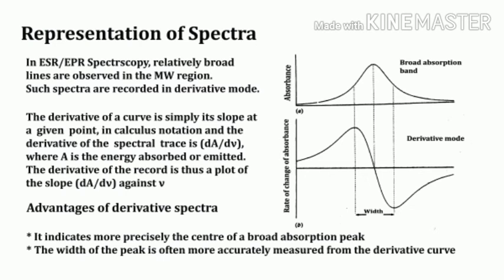Basically two advantages: first, a derivative spectra indicates more precisely the center of the broad absorption peak, and secondly, the width of the peak is often more accurately measured from the derivative curve. So due to these two advantages, in ESR or EPR spectroscopy the spectra are recorded in the derivative mode.